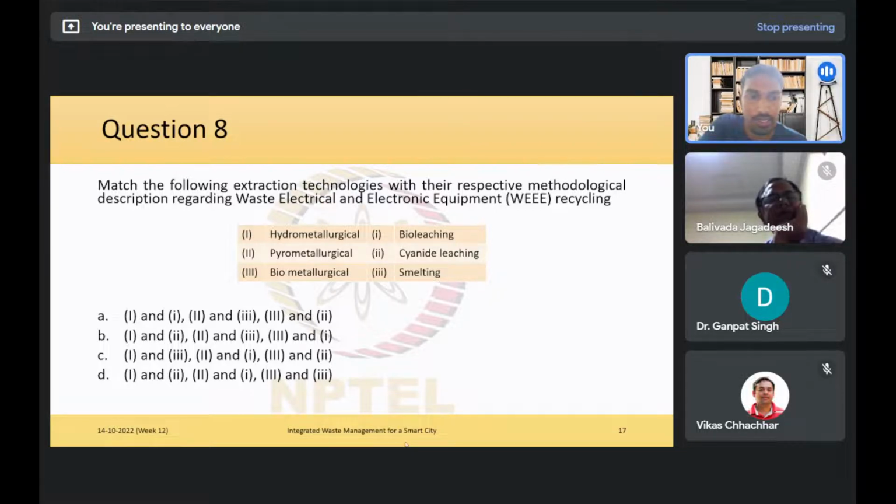Okay, so we'll take a look at the right option. It is in fact option B, right? So it says hydrometallurgical is cyanide leaching, pyrometallurgical is smelting, and biometallurgical is bioleaching, right?